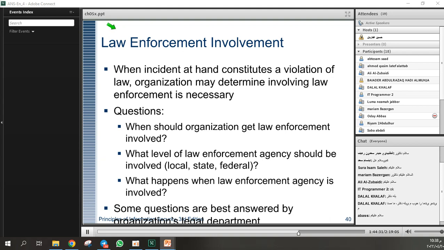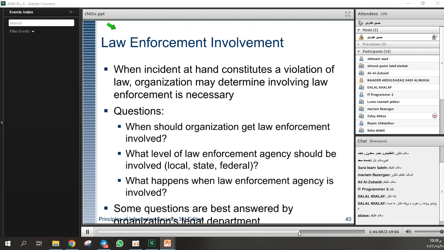One more important thing: law enforcement involvement. Let's suppose an incident happened in my company. Sometimes this incident happens because of a violation of some laws, and based on our previous topics, we have to determine it.